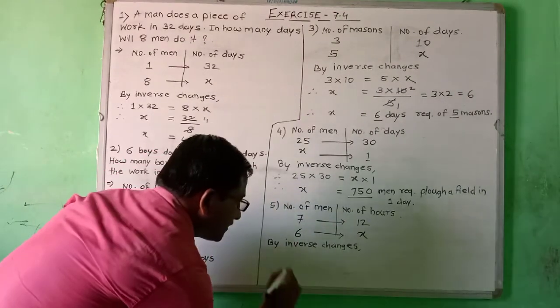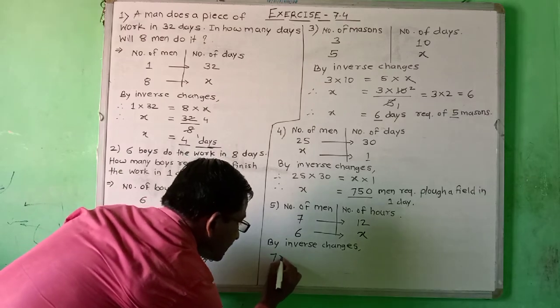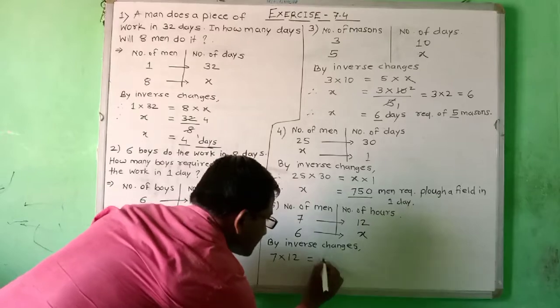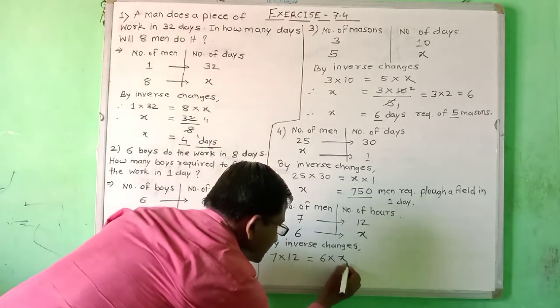7 multiplied by 12 is equal to 6 multiplied by x.